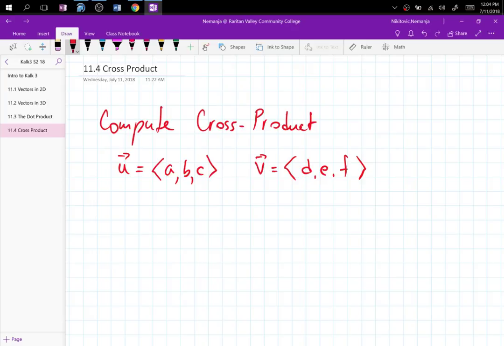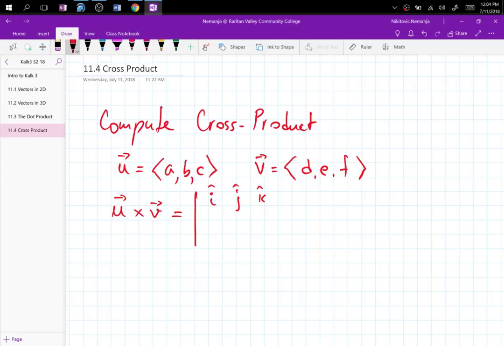Now, to compute the cross product u cross v, we are going to put in the first row i, j, k, the unit vectors.